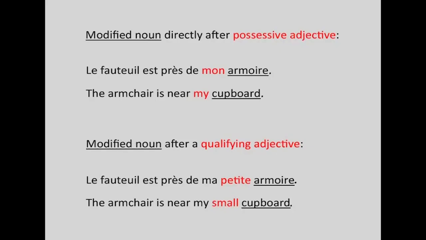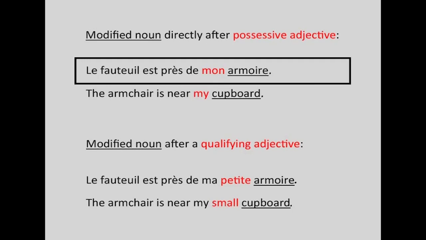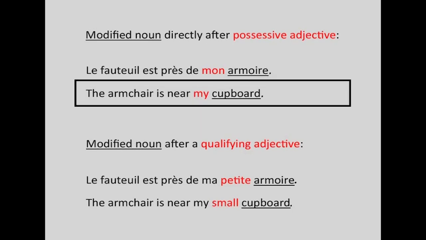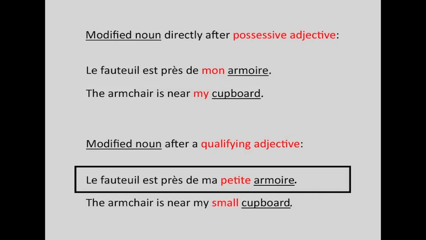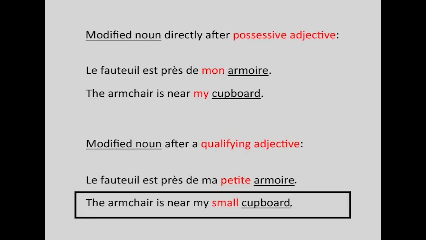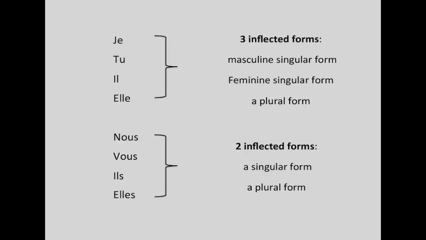When unsure which noun is modified, simply remember that in French, the modified noun always follows the possessive adjective either directly after it, as in Le fauteuil est près de mon armoire, which means the armchair is near my cupboard, or after a qualifying adjective such as Le fauteuil est près de ma petite armoire, which means the armchair is near my small cupboard.